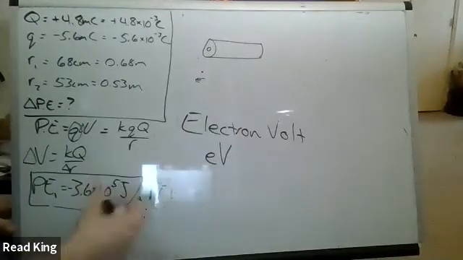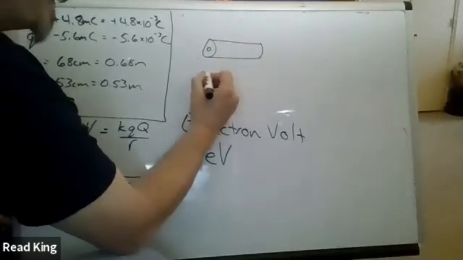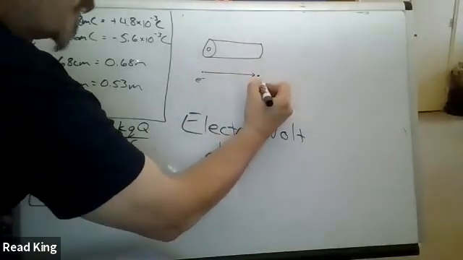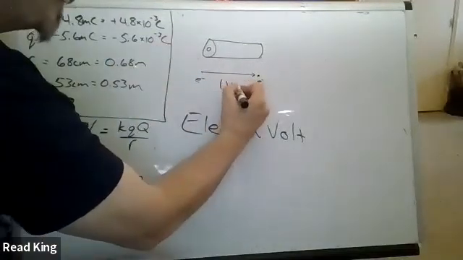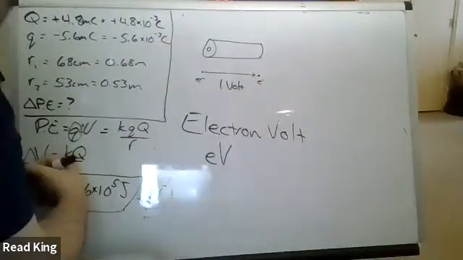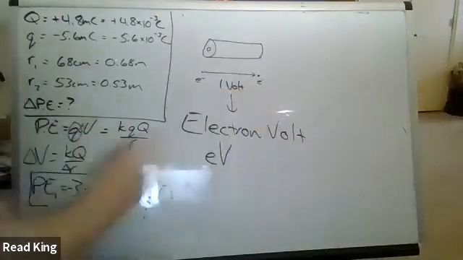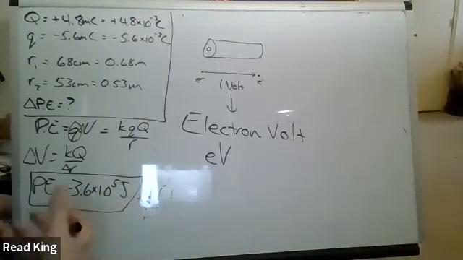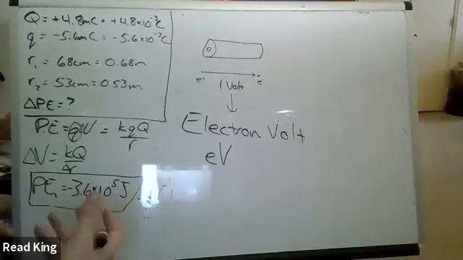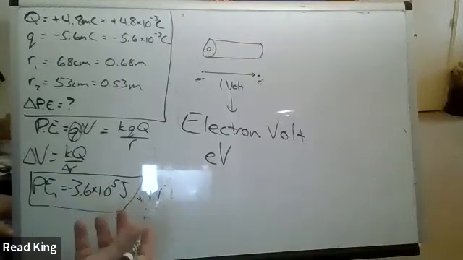Anyway, we take an electron and we move it to a new location or across a potential difference of 1 volt, then that is defined as an electron volt. This will come in handy as we start dealing with circuitry, subatomic particles, et cetera. This concept is used in a lot of places in particle physics, for instance.